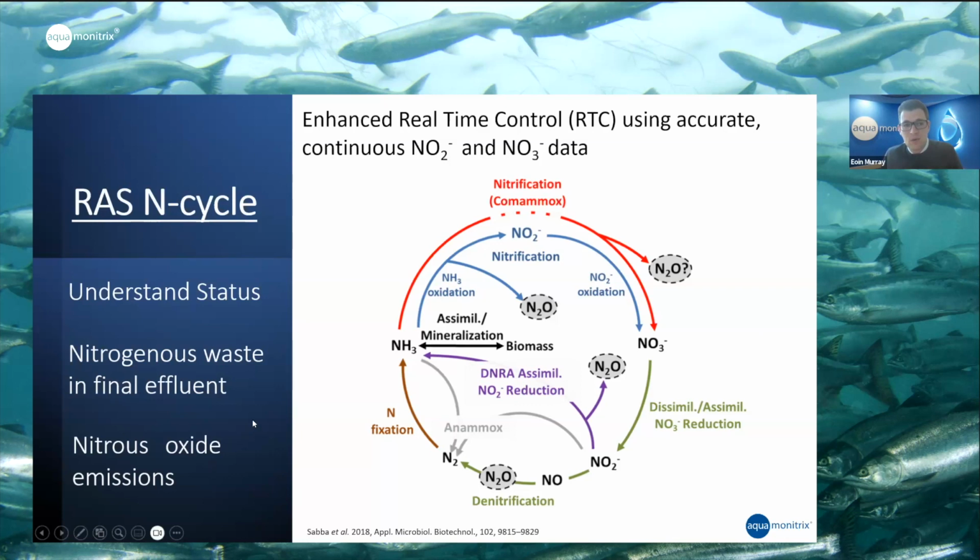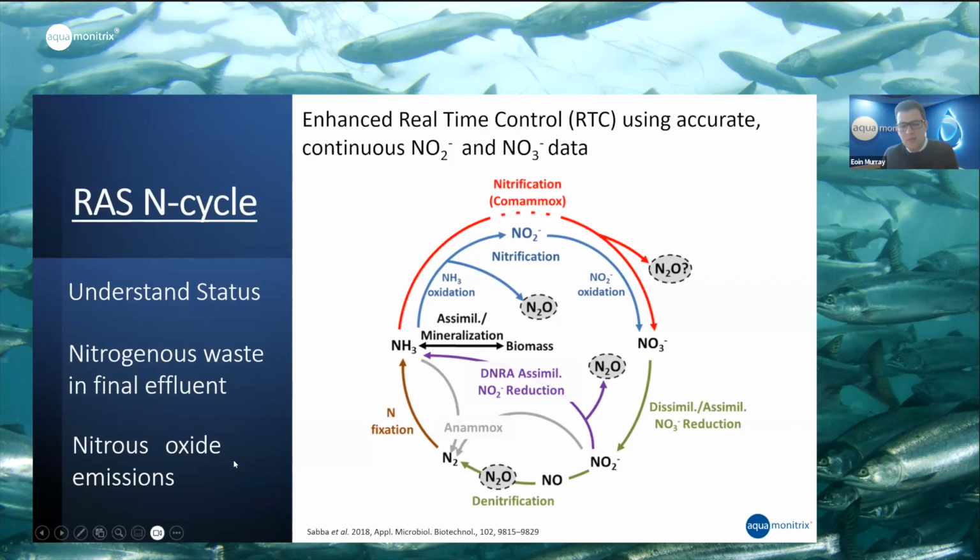In addition to that, when reducing your water, there's a potential for increasing your concentration of nitrogenous waste within the system, which can contribute to an increase in pollution levels within the final effluent. So having the real-time data assists with that.